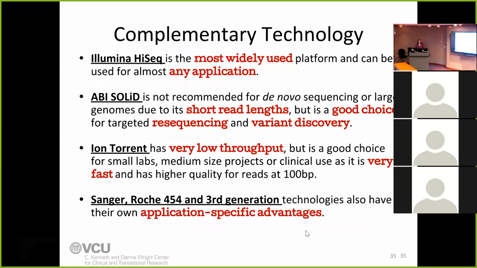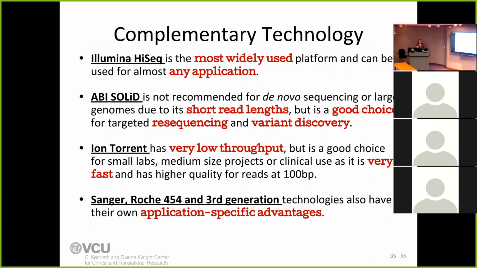So I just wanted to emphasize with this that these technologies are complementary to each other. There's no one technology that is perfect for all applications. Illumina HiSeq seems to be the most widely used. That's what I'm most familiar with. It can be used for almost any application. It's very versatile.